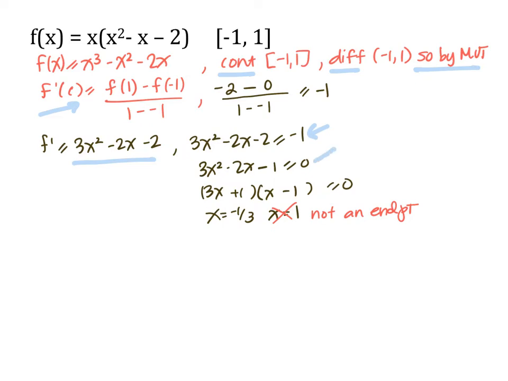Remember that you have to set it equal to 0. A lot of you are making that mistake when you are trying to factor this. Anyway, I got negative 1/3 and 1 as my answers, but 1 cannot be an answer because I can't have an endpoint as my answer. It must be between the interval by MVT.